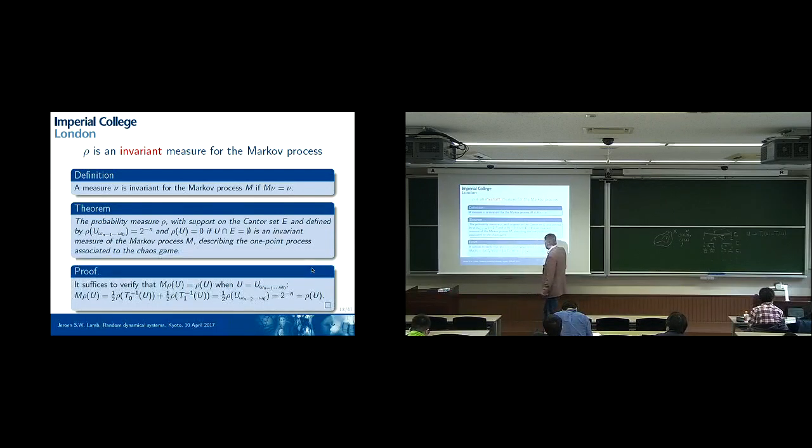There's only one of those that applies, and then I get precisely this thing, and I get that times a half. So here you get basically a factor 2 because it's a shorter sequence. You get a factor of half because only one of those applies. So it either comes from T1 or T0. Only one of those applies, and then I get a factor of half, and then I get precisely the same measure. So I started with something of measure 2 to the minus n, and then in the end it's again 2 to the minus n.